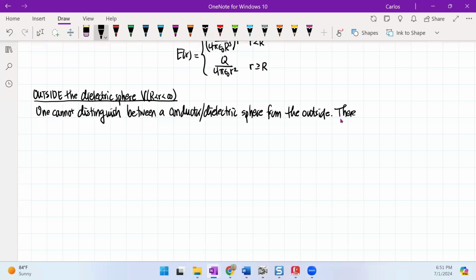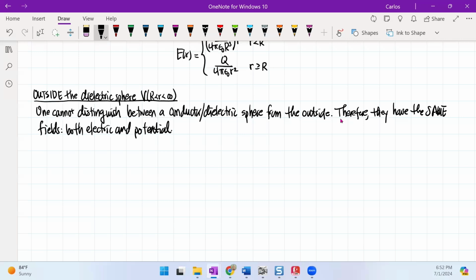Therefore, they have the same fields. That means both electric field and potential. They're exactly the same. So I don't even have to write anything new, because we've already calculated this.